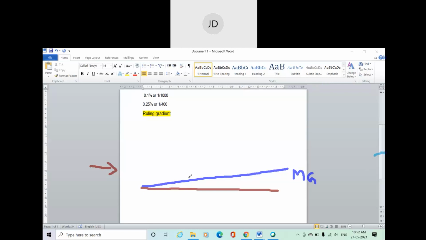Now just imagine one train. To understand the ruling gradient, suppose this is our horizontal line and there is a train. I'll draw a train line in red. Suppose this is a train, connected with some engine and some wagons, and this is your engine part.